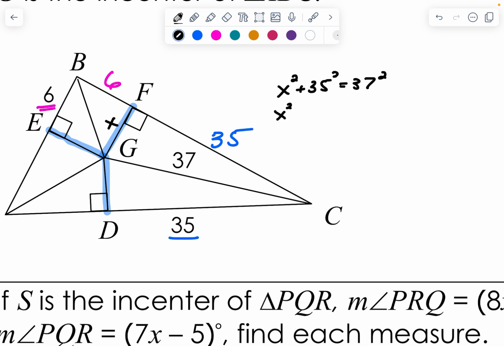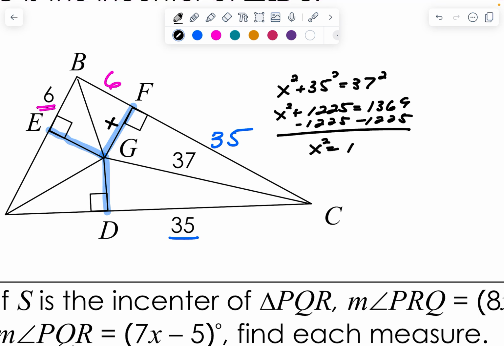So x squared plus 1225 equals 1369. Subtract this. X squared equals 144. Ooh, this is nice. X equals 12. So that's nice.